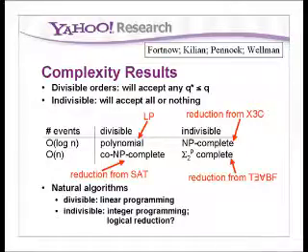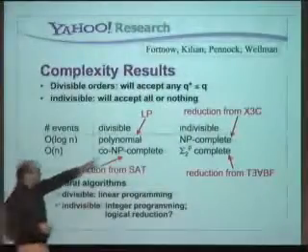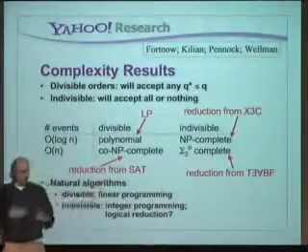So we have a bunch of complexity results here. In this setting, probably the most interesting one from a practical point of view is this box here. So this is for divisible orders. It seems very reasonable in this setting to have divisible orders.